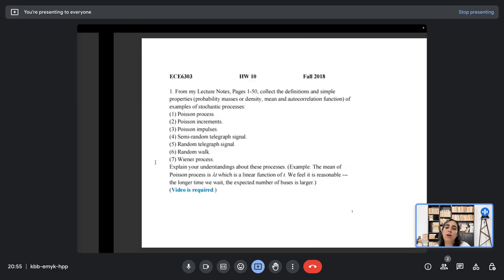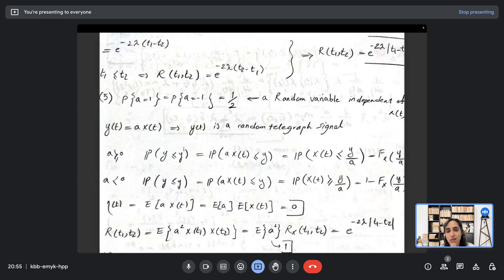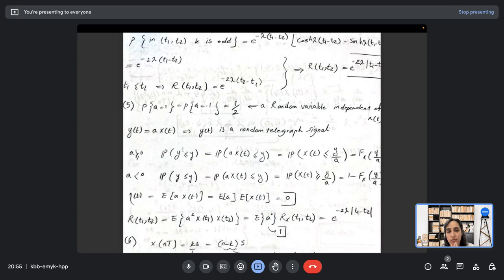Okay, the fifth part is the random telegraph signal. To define this, we need to first define the random variable, which is equal to 1 with some probability, and equal to minus 1 with some probability, and these two probabilities are equal.